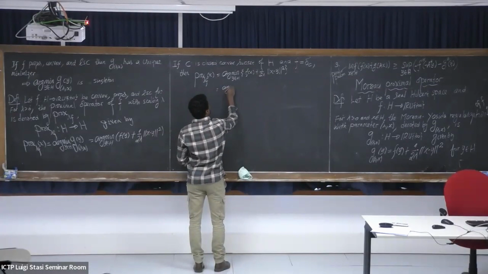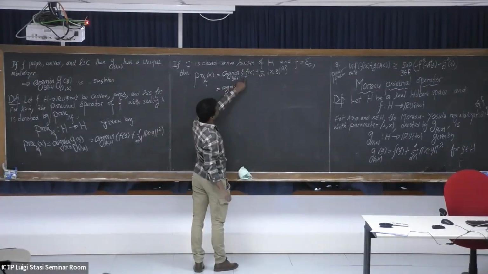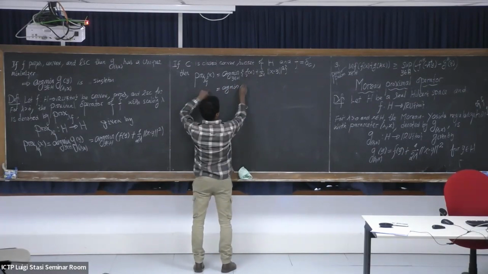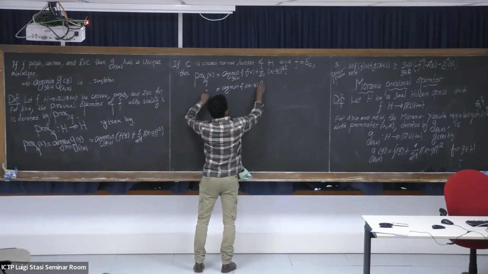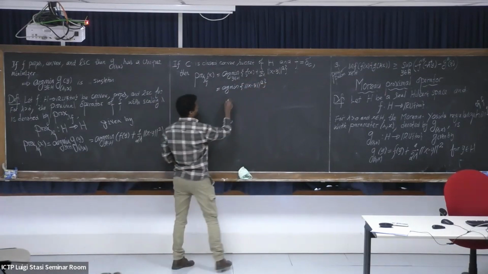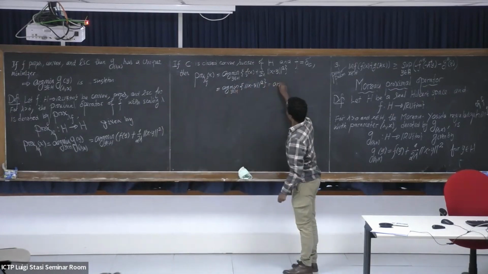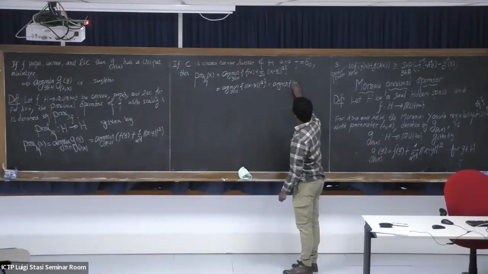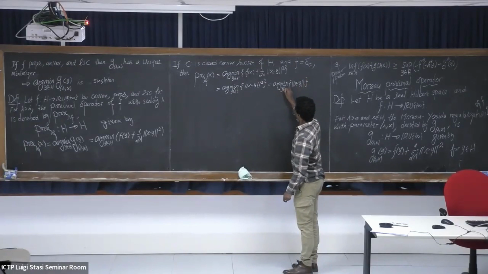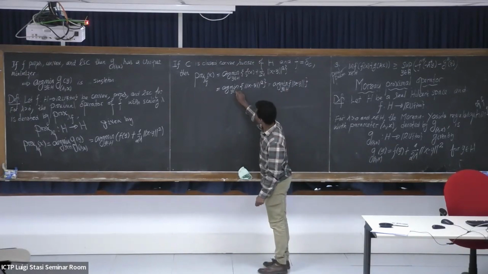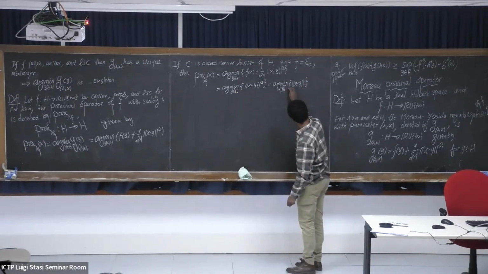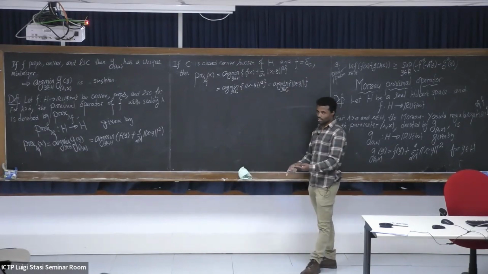So the indicator function is zero in C, so the minimization is just over C. We do not need to search the whole space.